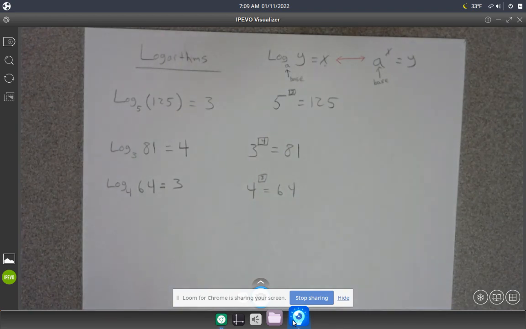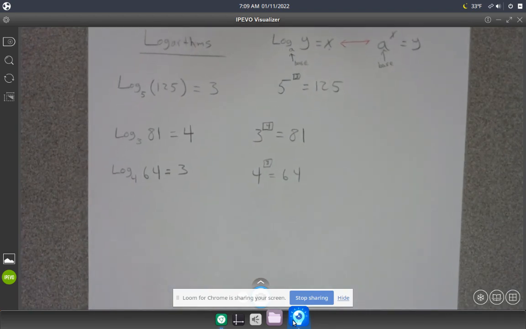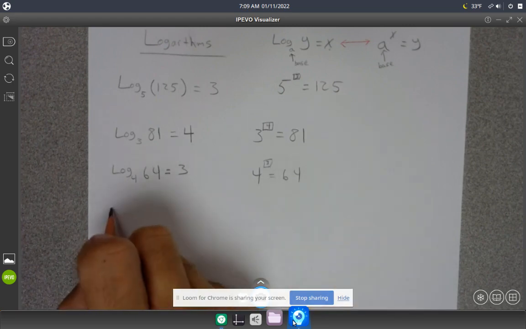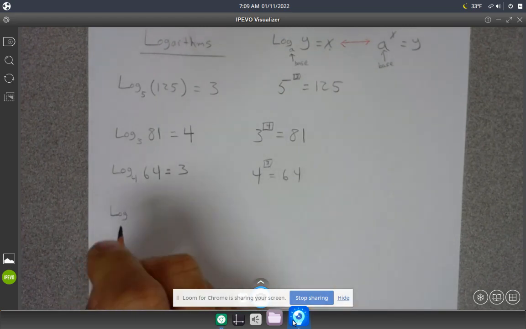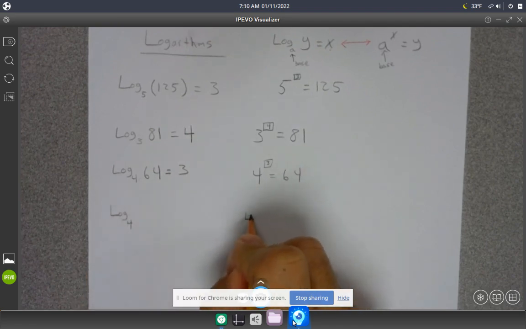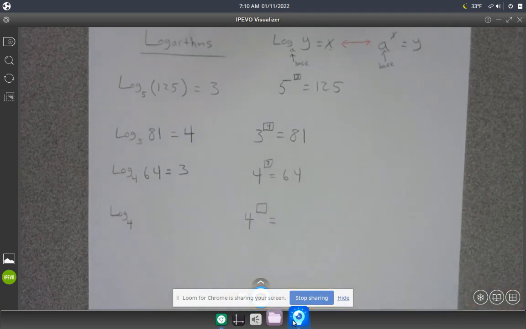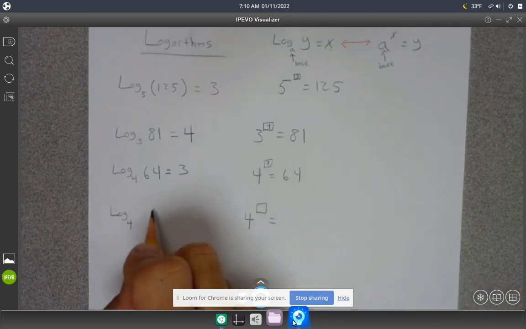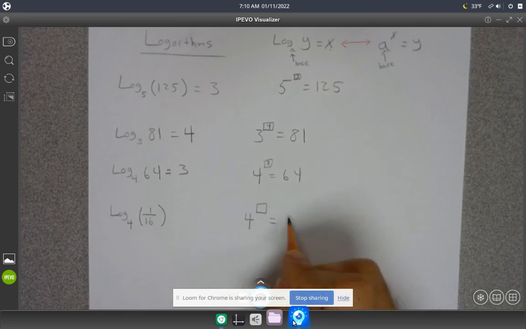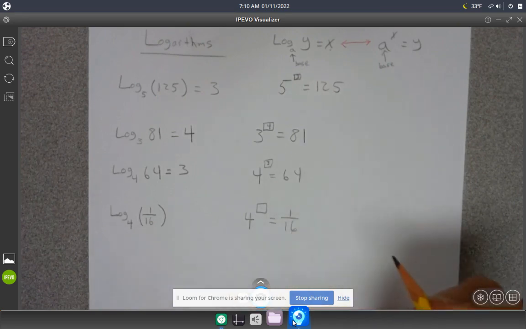Some of them get a little bit harder to think about, because your exponents don't always have to be nice whole numbers like they are here. Sometimes they can be different types of things. In this one, I've got log base 4 of 1/16, so I already know I'm answering the question: 4 to what power? I've got to figure out what I need to raise 4 to get 1/16 as an answer.